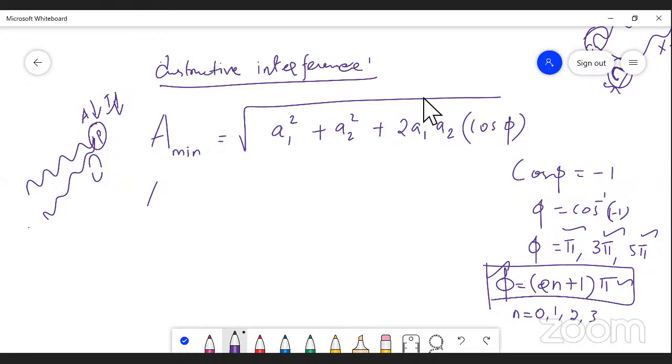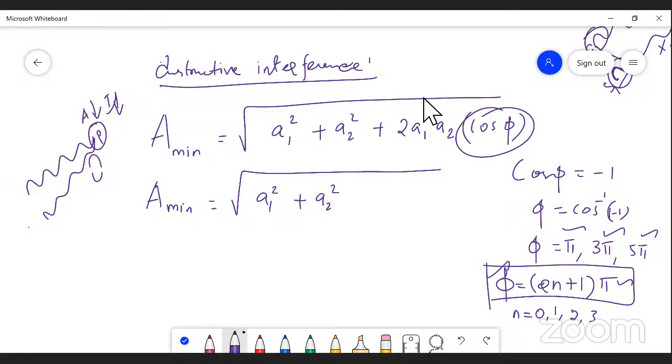So A minimum is equal to the square root of A1 square plus A2 square, and the cos phi value is -1. The -1 into plus 2A1 A2 is equal to -2A1 A2.